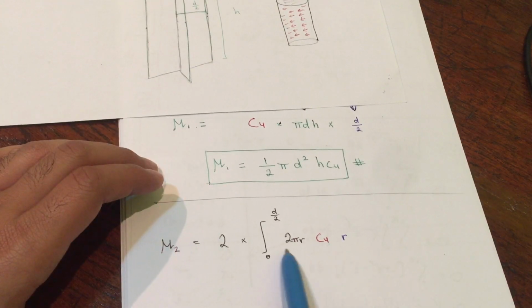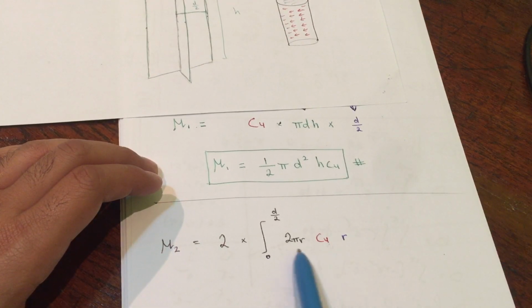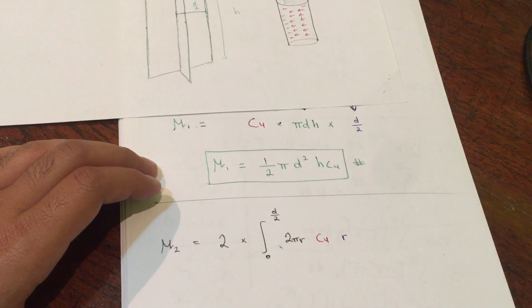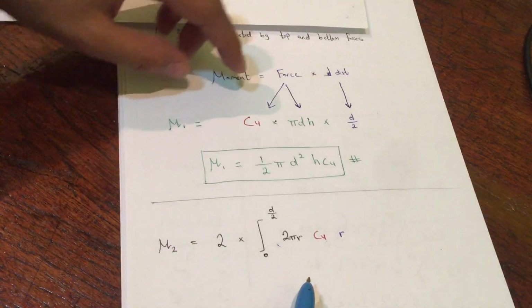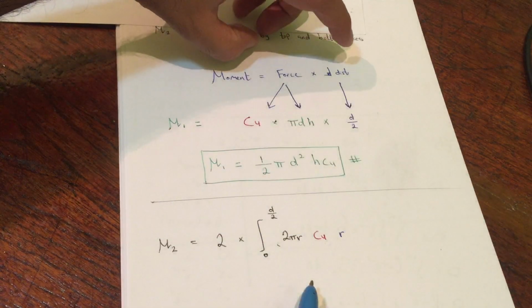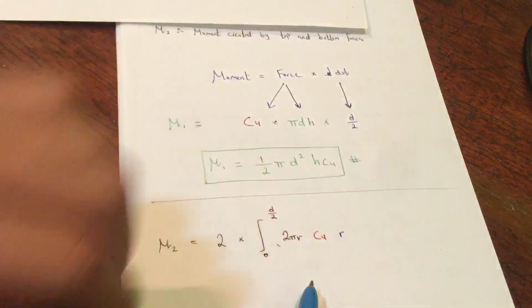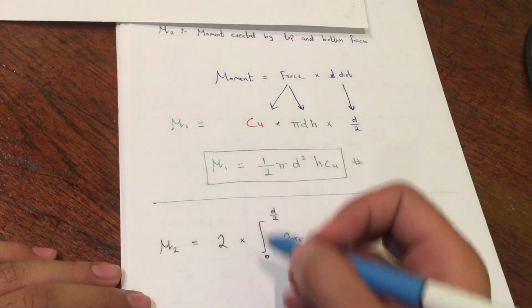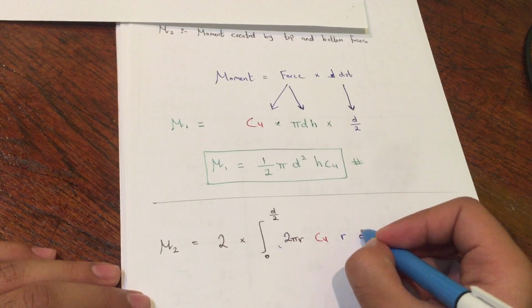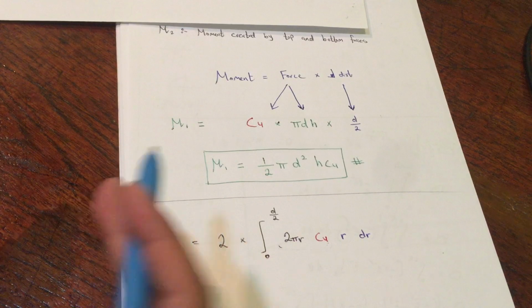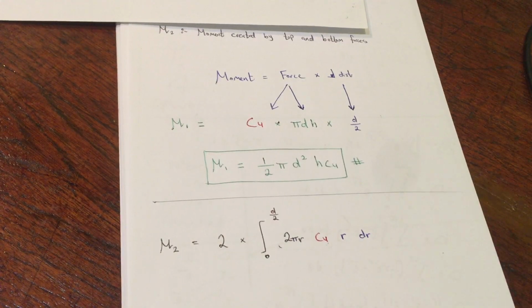So those two will summarize my force, and this one will summarize my perpendicular distance as a moment. When we talk about moment, my force is summarized in those two, and my perpendicular distance is the r. And now, because we have the integration here, we'll keep dr, so we can change the r's from 0 up to d over 2.